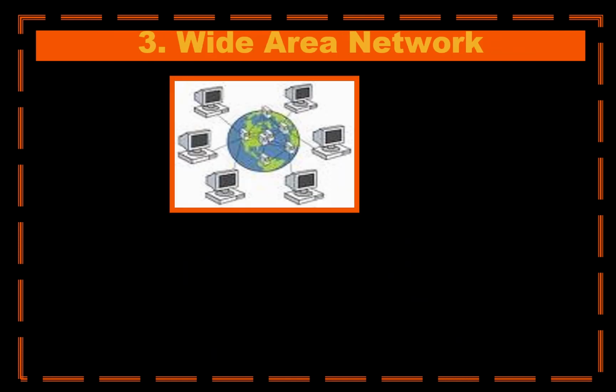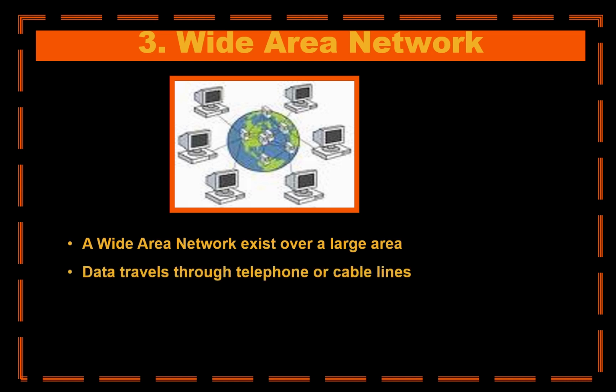Next one is wide area network. WAN provides long distance transmission of data and voice. A network that covers a larger area such as a city, state, country or the world is called a wide area network. The WAN contains hosts, and the collection of machines is called a wide area network.